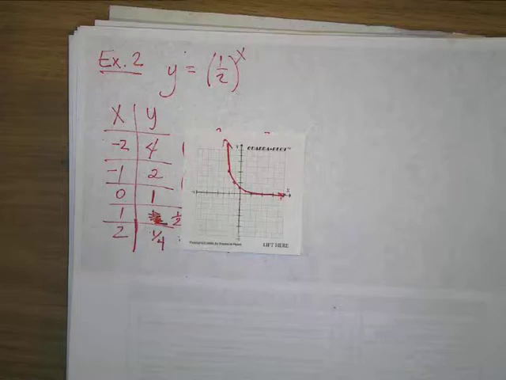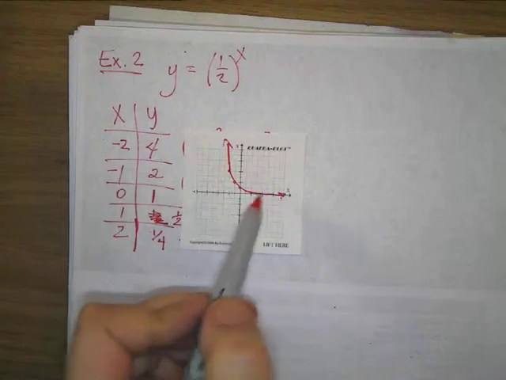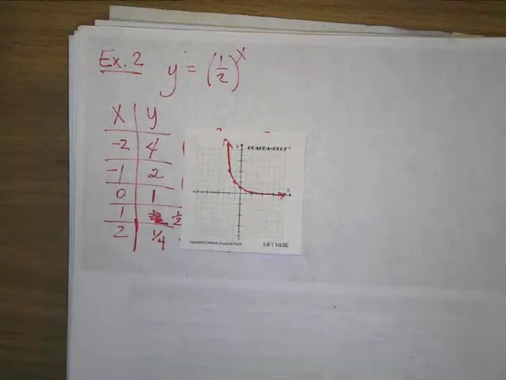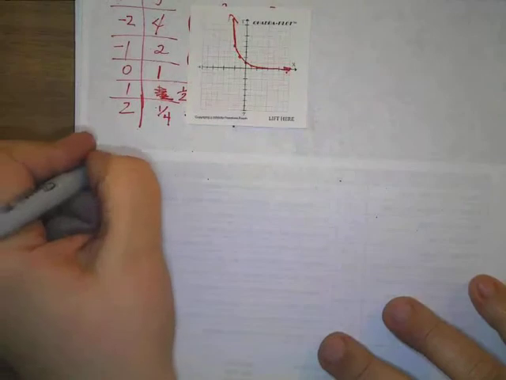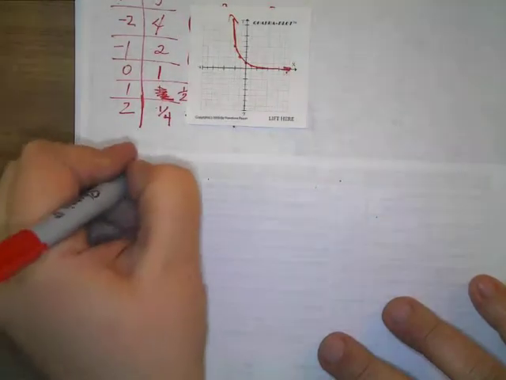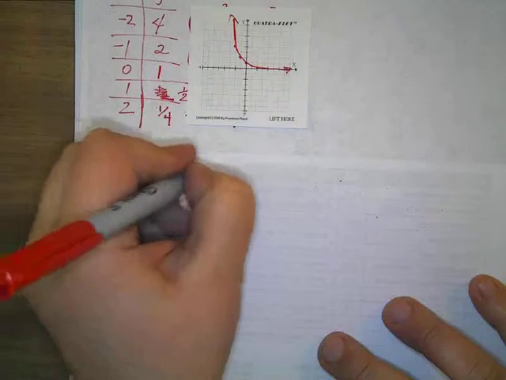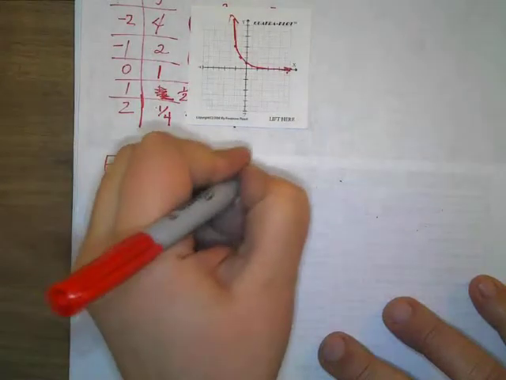So the big objective today was to talk about exponential growth and exponential decay. What do you think this one would be? A decay. What was the first one we did? A growth. Right? Well, there's a couple little things we're going to talk about here. So, exponential growth.